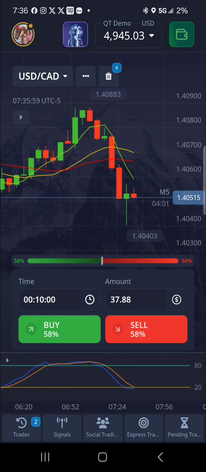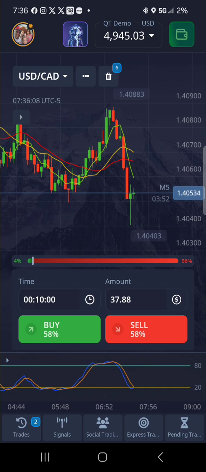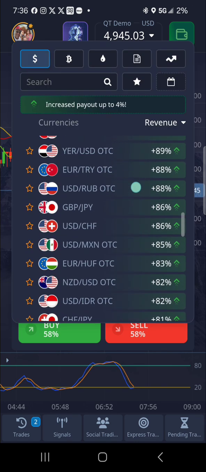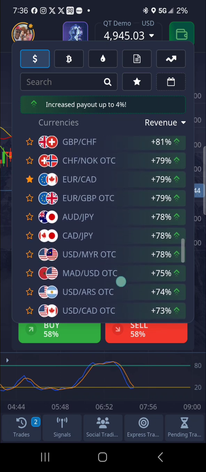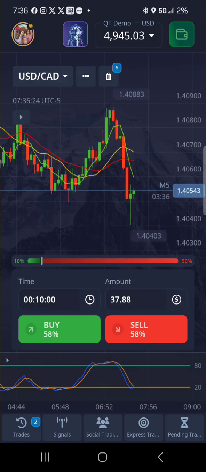USD CAD. So this one is 58%, and I don't even see a line here. So why is it favorite? I don't know. I need to take this favorite off though, because it's only paying out 58%. So we don't want that.